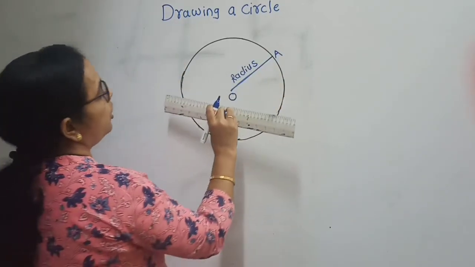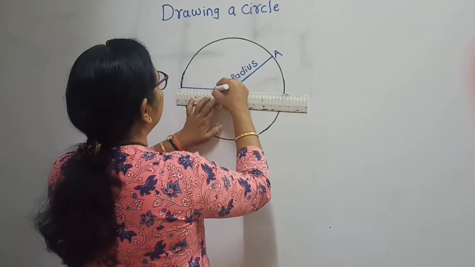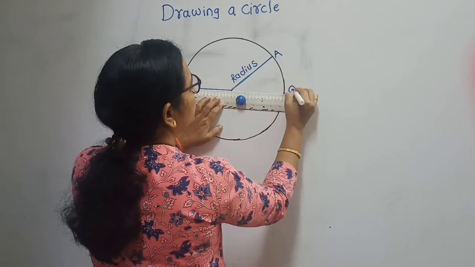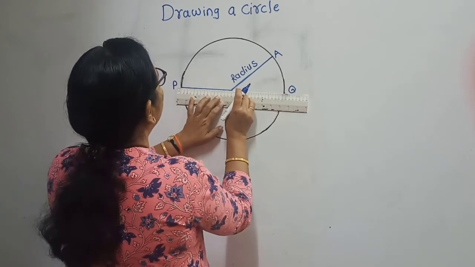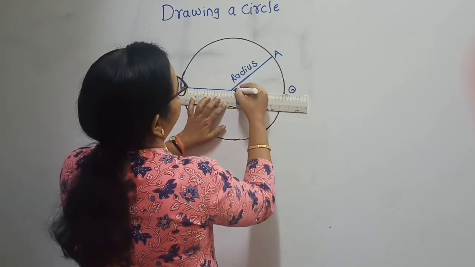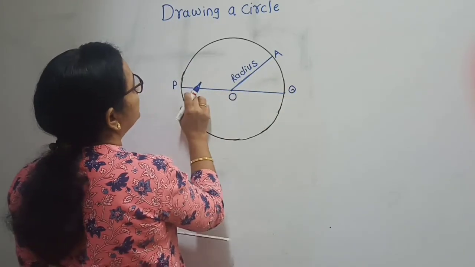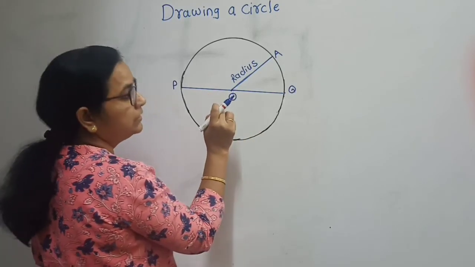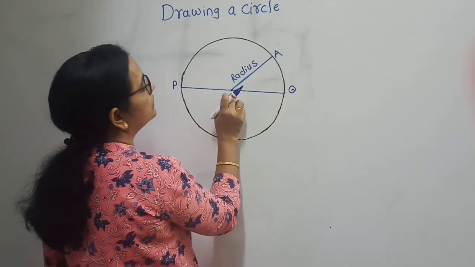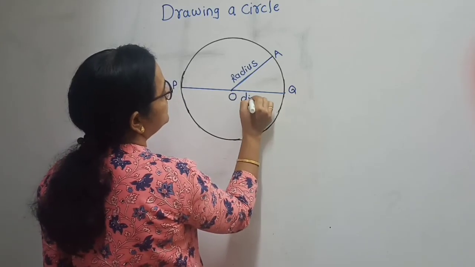Now we will draw a diameter. See here is a point P and here is a point Q, and we have to draw a diameter through the center point. If we draw a line through the center, it is called a diameter.